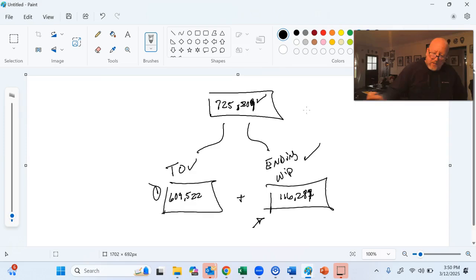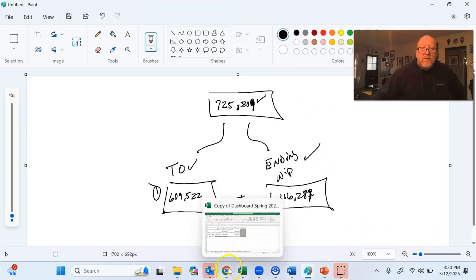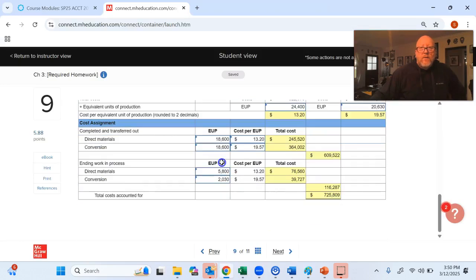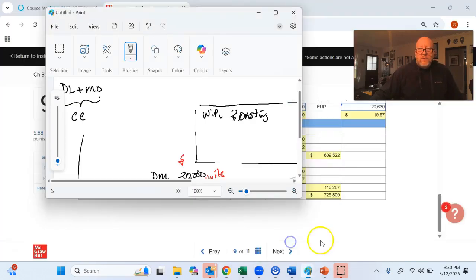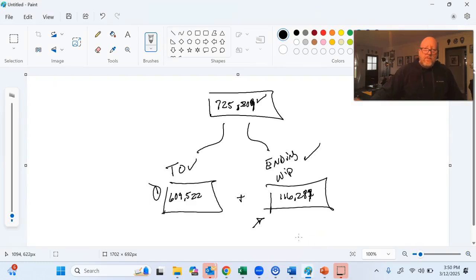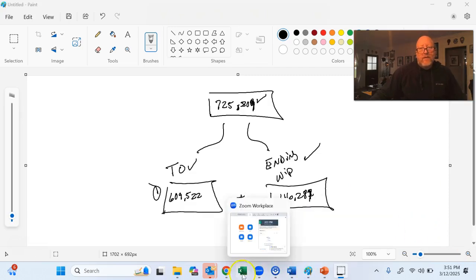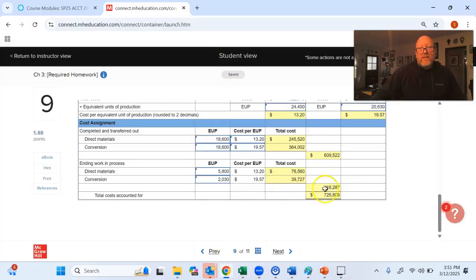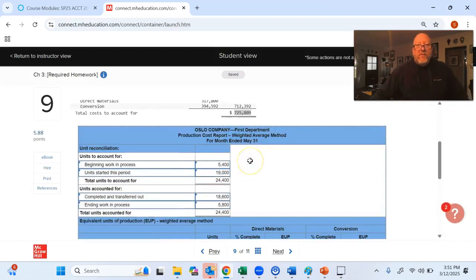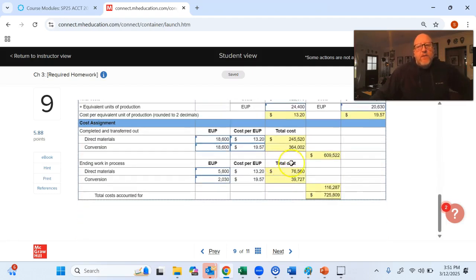And then the first one we reconciled was 609,522, the total amount that we said was in completed and transferred out. Okay, let me just work on my math again. We're good. 116,287, right? My math was right. All right, so even I'm getting confused with all of the different spots where these numbers go.